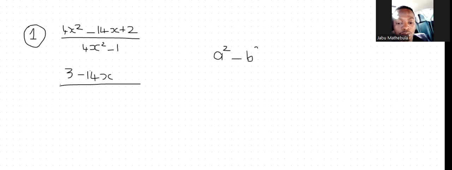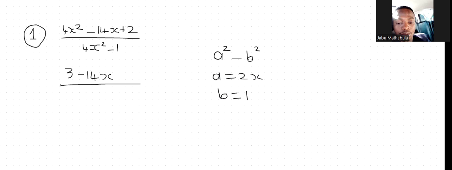This is like saying our A is 2x and our B is 1. This is difference of squares. So you can see that if we apply this, the 2x and the 1 here, it's going to give us that. So let's do that.